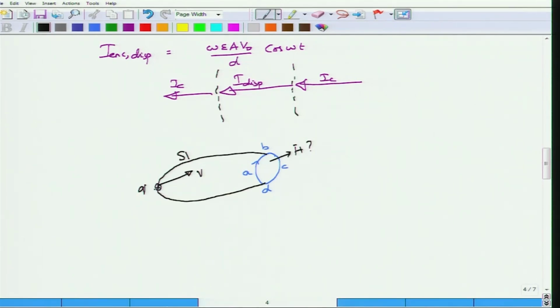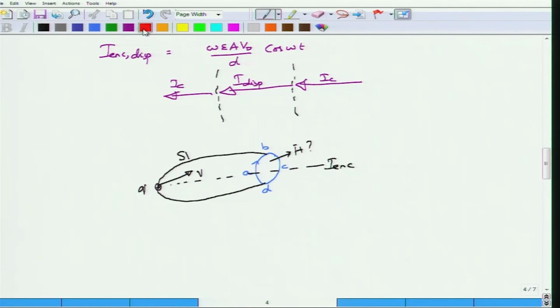But the point is that at this instant of time when the charge is located at this point, if I consider a surface that is just touching or just imaginarily passing through the charge, there will be a current density because the charge is moving, v is there. So this is the direction for the current density, and the component of current density along the normal to the surface will give me the current enclosed, and there would be essentially a magnetic field, correct.